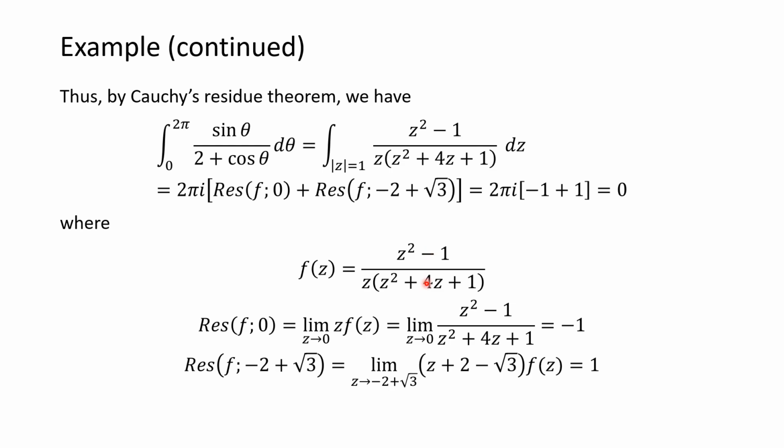One of the roots cancels with one of the roots here. And then you plug in minus 2 plus the square root of 3. I left out the details, but when you do the computation, you get 1. Then you just come back here and plug that in, and of course you get 0 because these cancel, and that's our solution.